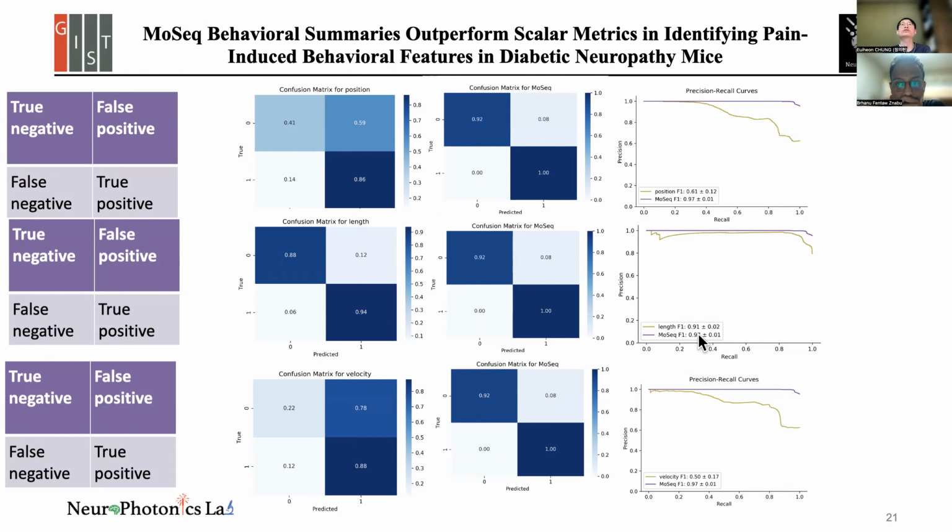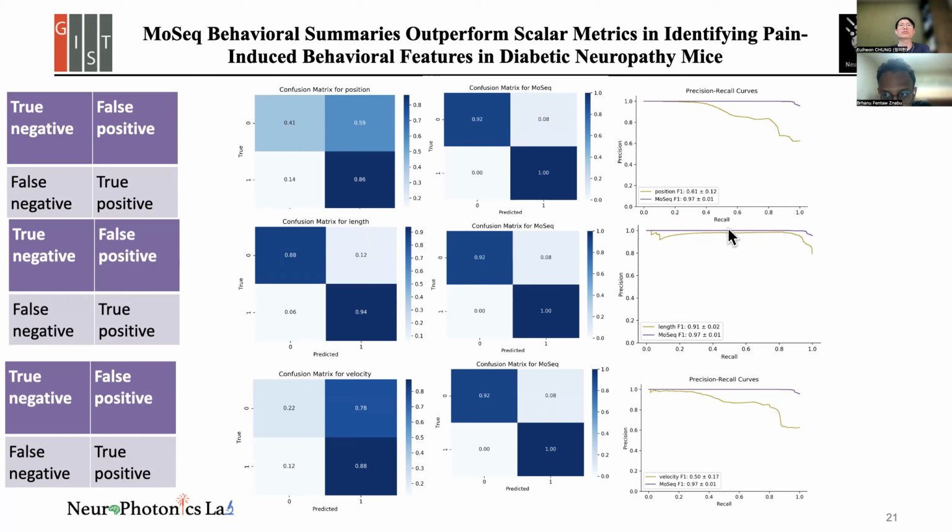These are all precisions, for each parameter. MOSIC is outperforming what? Scalar matrix? You mean position? So the top is about position. MOSIC is better. That's what you want. Second one, length. MOSIC is better. Third, velocity. MOSIC is better.